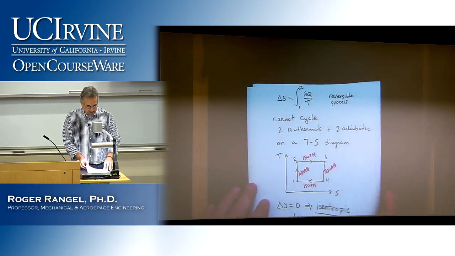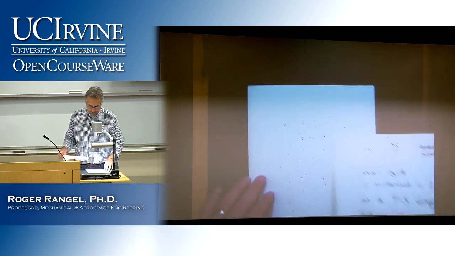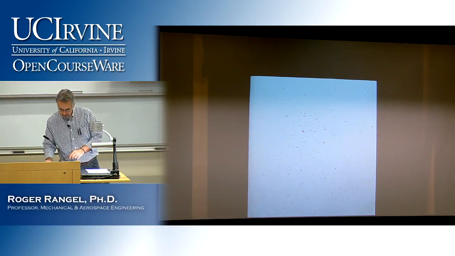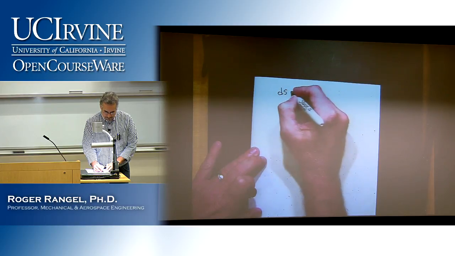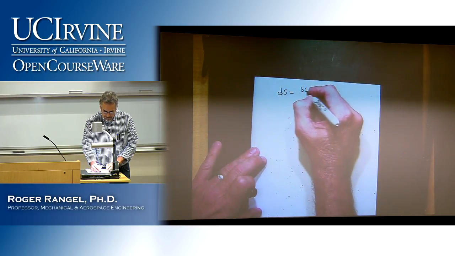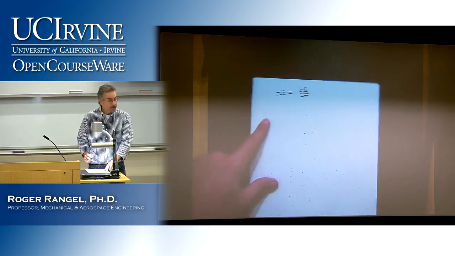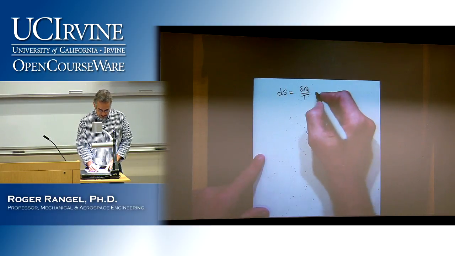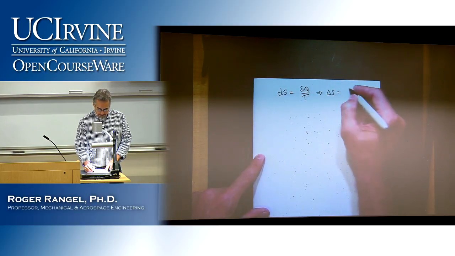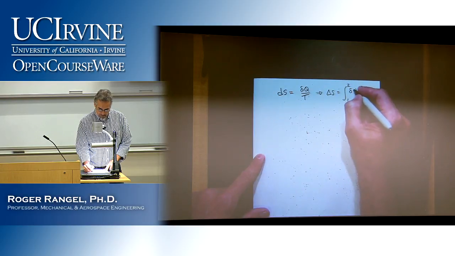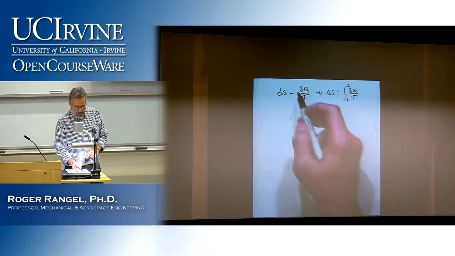Because if you write this equation for a differential, you can write this same thing as dS is delta Q over T. Because if I go ahead and integrate this, the integral of dS from 1 to 2 is delta S, and then here I have the integral from 1 to 2 of dq over T. So this is obvious, that I can write it either as an integral or I can write it like this.